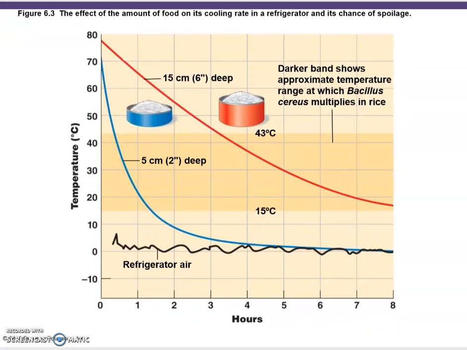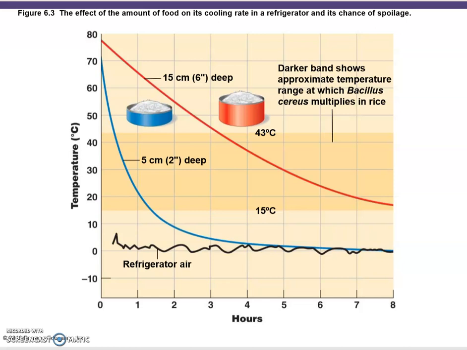Let's take a look at the effect of the amount of food. Let's say you made a big pot of something. Here the example is given with rice. Now, if you have a large pot with a large volume of stuff in it, like this red pot here, then it will take quite some time.